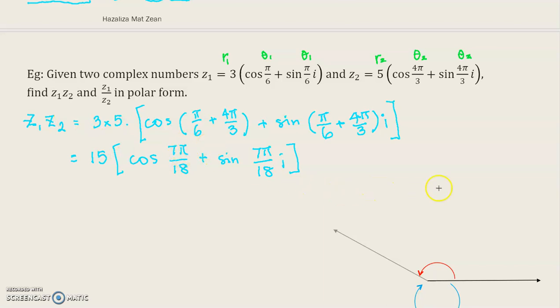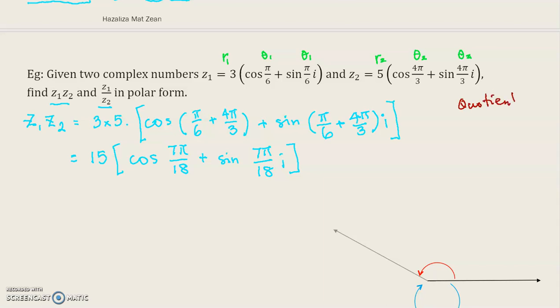This is finding the product, that is done. And then we're going to find the quotient. Quotient means you divide.